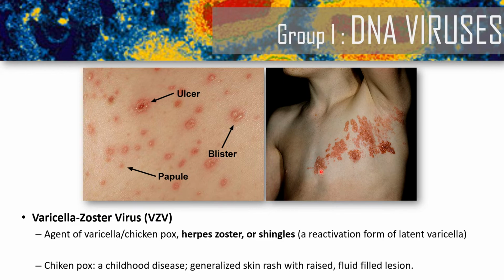Ayan. Yan yung itsura niya. And then, please review and list all the latency sites ng herpes viruses mo. And because we will try to include that one in your quiz and your exam.